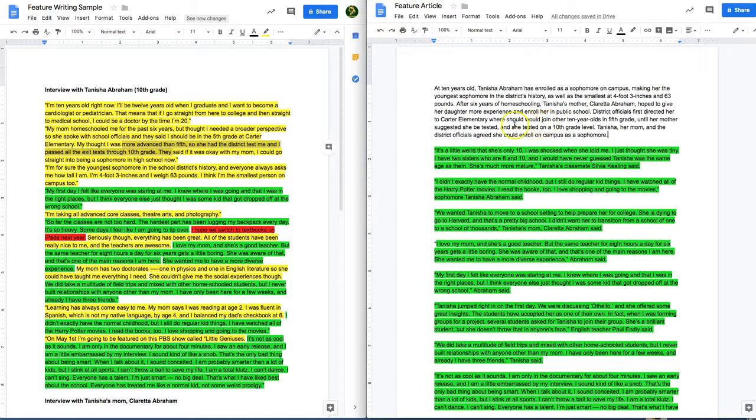District officials first directed her to Carter Elementary, where she would join other 10-year-olds in 5th grade until her mother suggested she be tested, and she tested on a 10th grade level. Tanisha, her mom, and the district officials agreed she could enroll on campus as a sophomore. Then we go into that first quote.